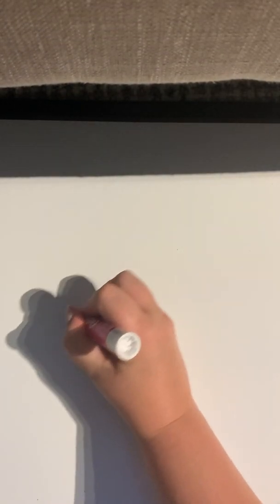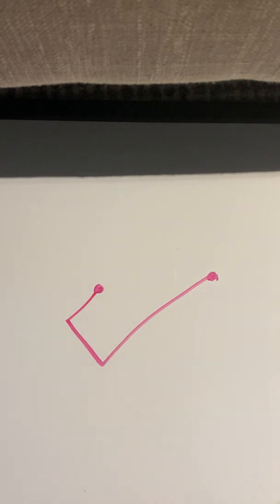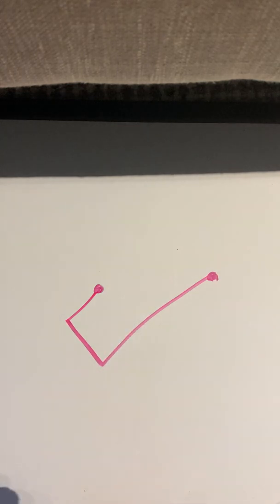So number 1, I have a shape that looks like this. I ended my shape here, and I started my shape here. Did I begin and end them on the same point, 3rd grade? No, I didn't.